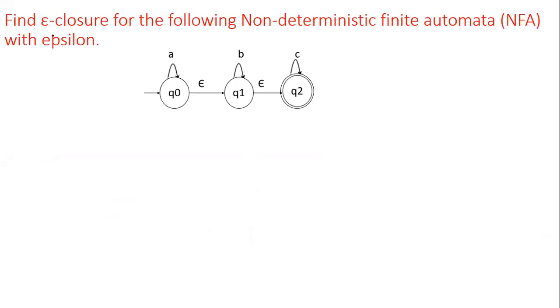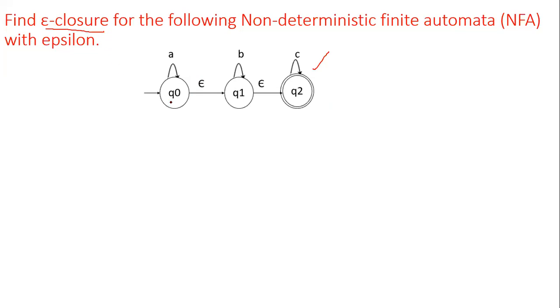Find the epsilon closure for the following. This is a non-deterministic finite automaton with epsilon, that is, an NFA with epsilon. Now we are going to calculate the epsilon closure for all the states. Please tell me the epsilon closure of Q0, what it may be.